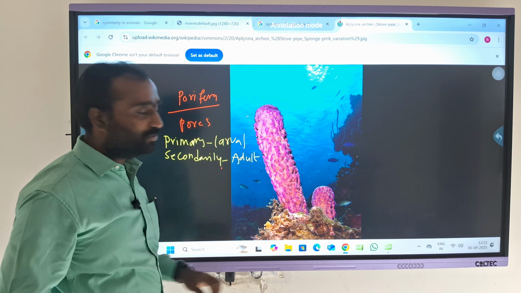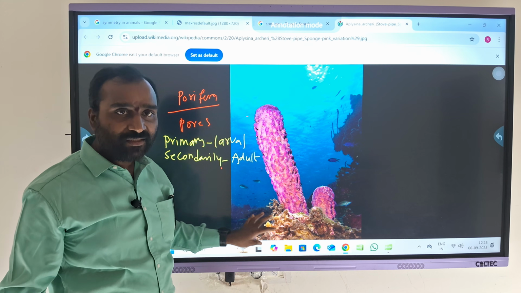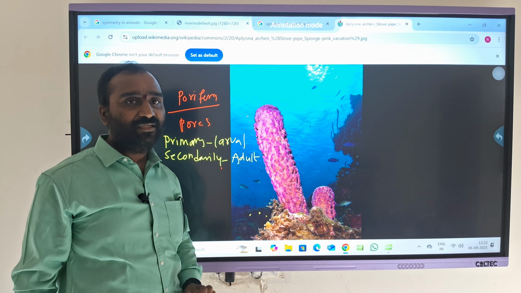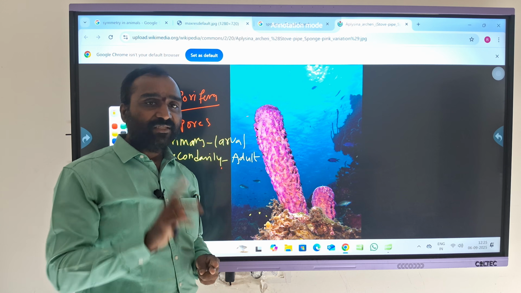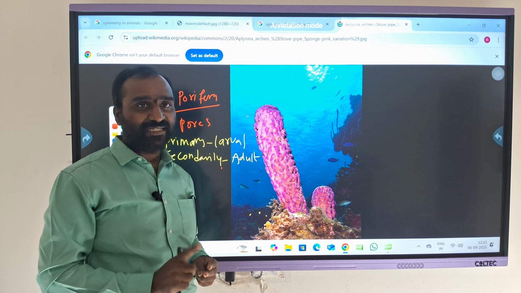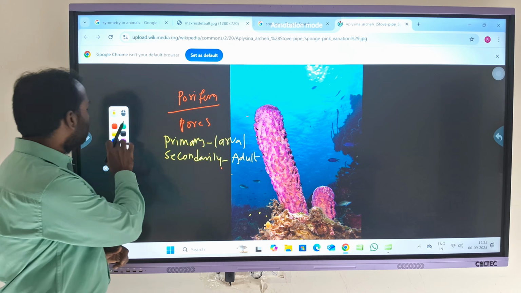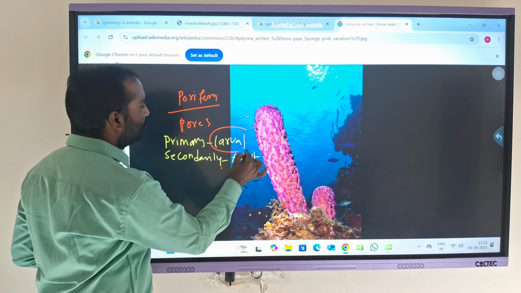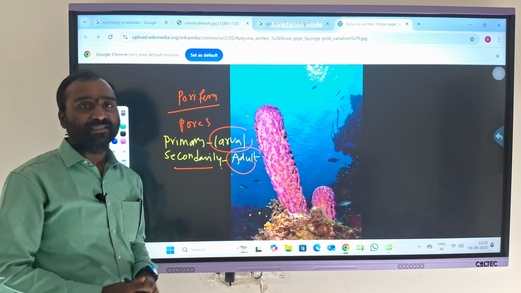The first thing I told you, this is an organism which does not have symmetry, hence we call it an asymmetrical organism. But here the condition is that animals have different kinds of symmetry at the larva stage and the adult stage. The larva stage is known as primarily and the adult stage is called secondarily.